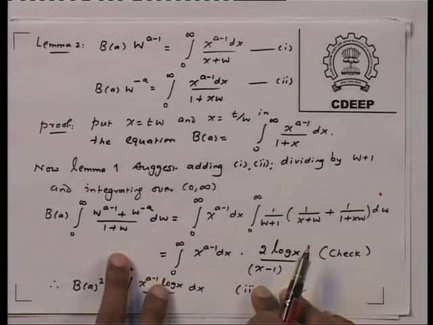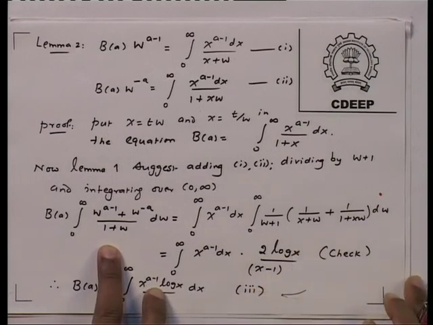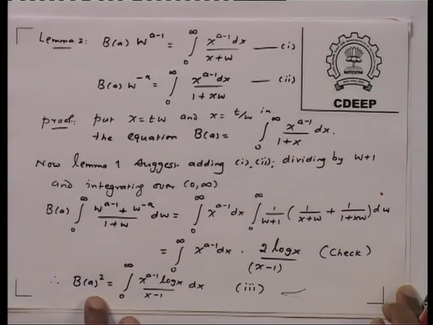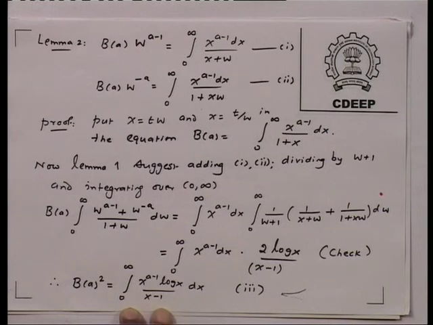But what is this? What is on the left hand side? Go back to lemma 1, it is simply B of a the whole squared. So, we get the very interesting equation. Please write down equation number 3, B of a the whole squared equal to integral 0 to infinity x to the power a minus 1 log x upon x minus 1 dx.